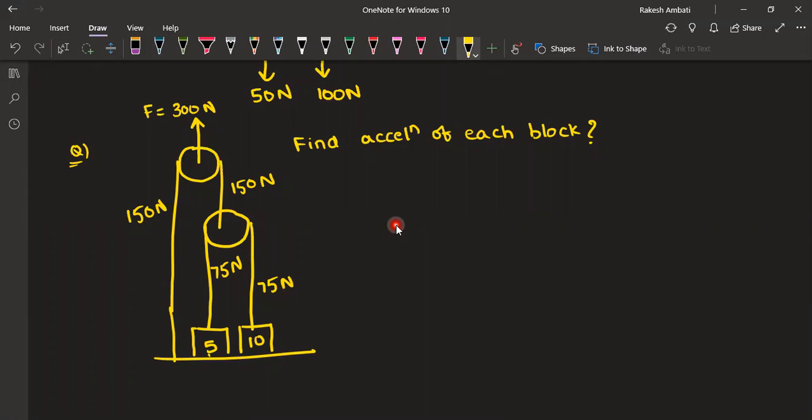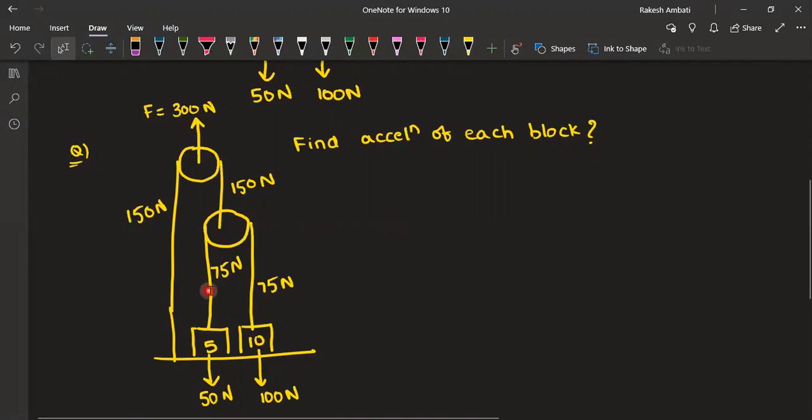Here the mass is 5 kg, its weight is 50 newtons. Here the mass is 10 kg, its weight is 100 newtons. In the case of the 5 kg block, what is the direction of the tension force?